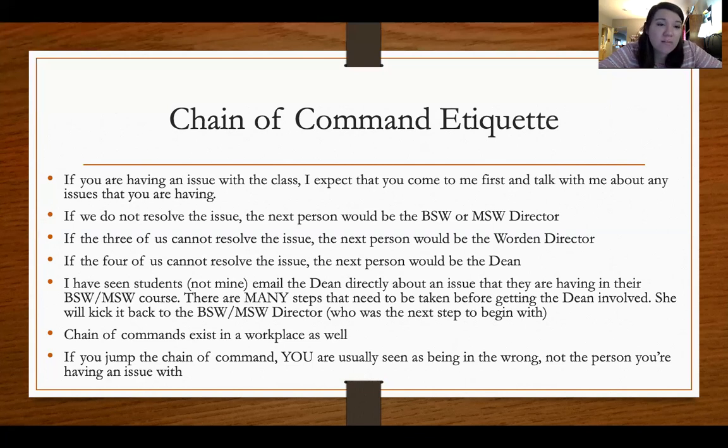So a chain of command exists in the workplace, as well as in academia. So if you jump the chain of command, you are usually seen as being in the wrong, not the person that you're having an issue with. So again, just keep in mind these kind of chains of command and the appropriate responses if you're having issues. Again, first and foremost, please come talk to me.